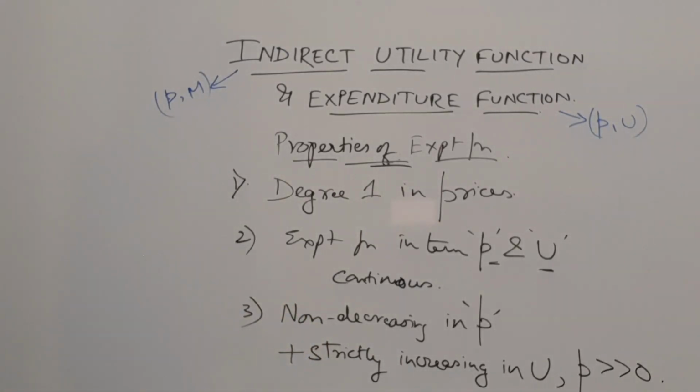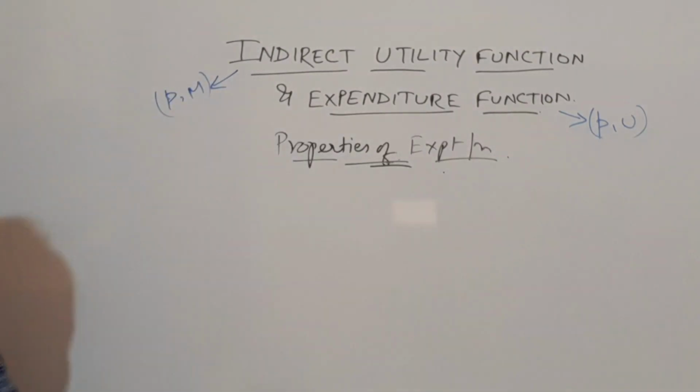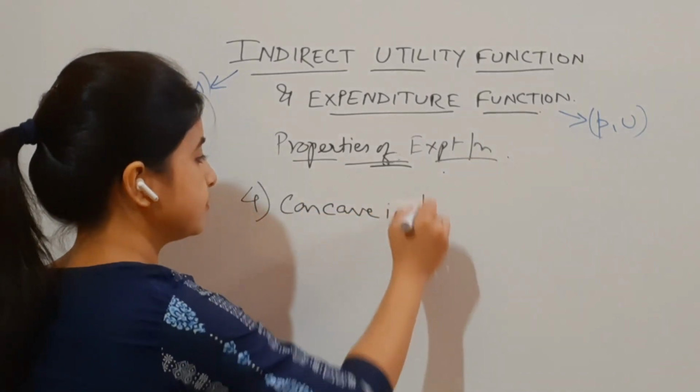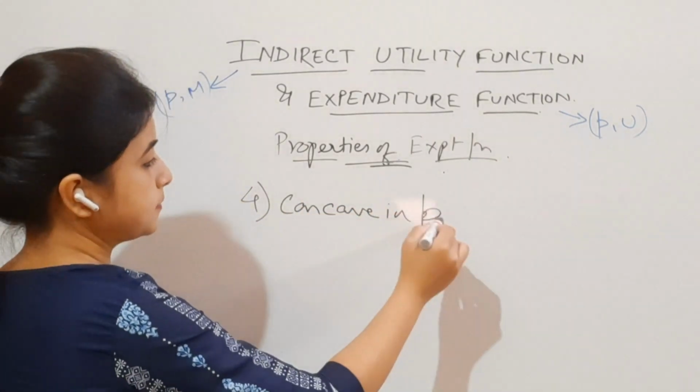Okay, with that, let's quickly move to property number 4 for the expenditure function. It is concave in prices.